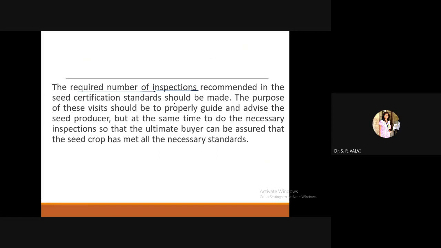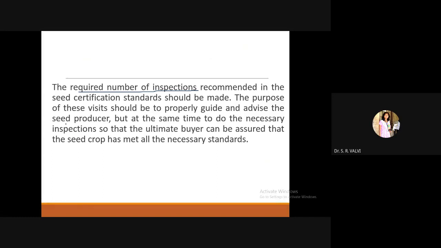You have to go 10 times, make 10 reports, and then submit those 10 reports to the seed certification agency. So the required number of inspections should be made. Recommended by whom? Recommended by the seed certification standards or the seed certification agency.